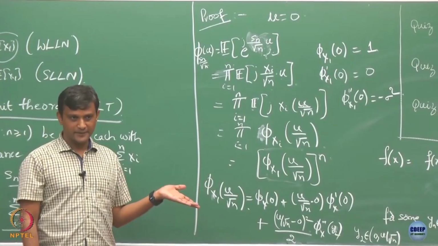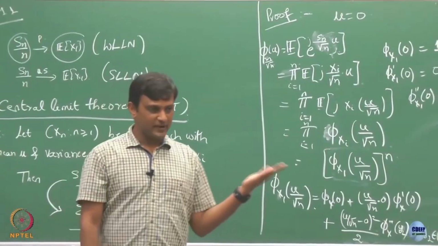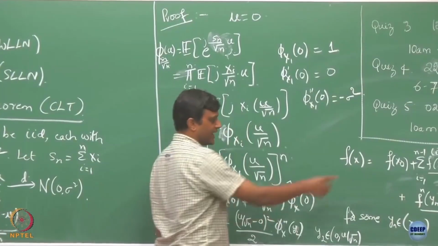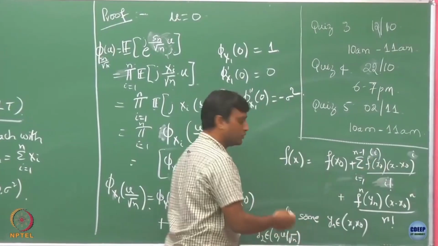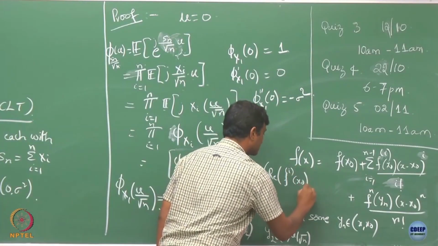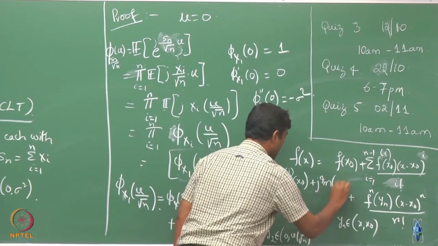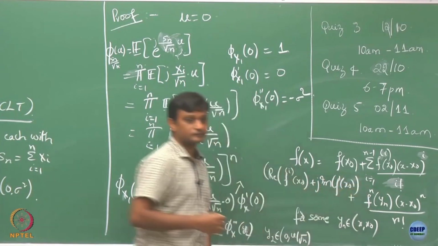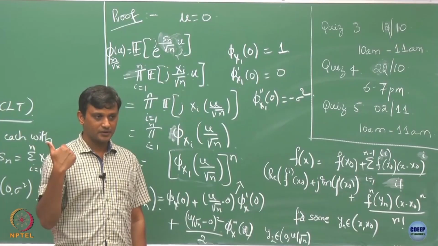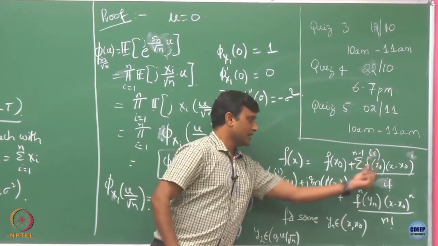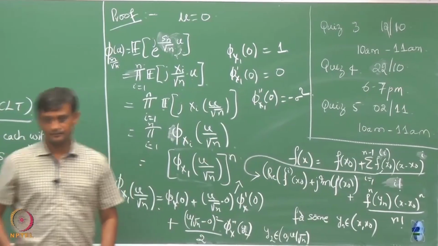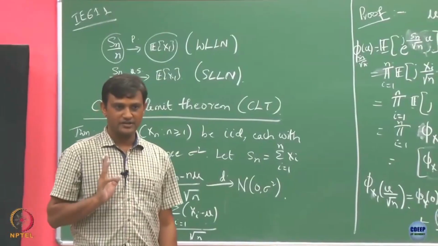So when I have a complex function, wherever I have this phi at x naught, I have to make it the real part of f at x naught plus j times the imaginary part of f at x naught, when my function f is a complex function. I have to replace it like this, because my function phi is complex.